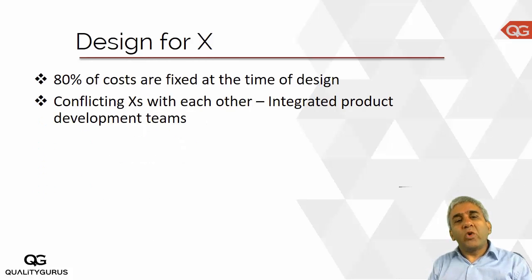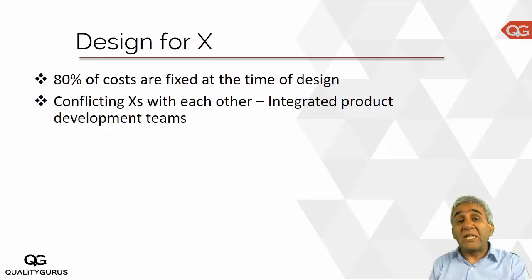So here are a few more things before we actually go into these different characteristics. One thing we need to note is that 80% of the cost is fixed at the time of design. So when you design, your product cost becomes fixed at the design stage itself.